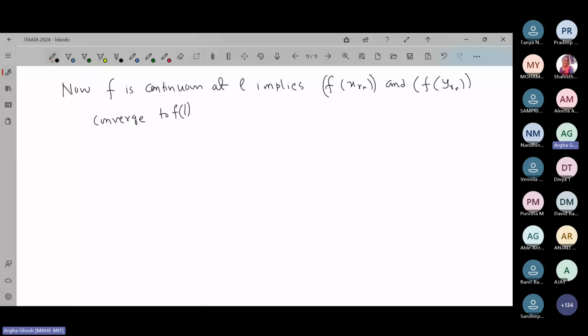Fine. So now let's use the definition of convergence.